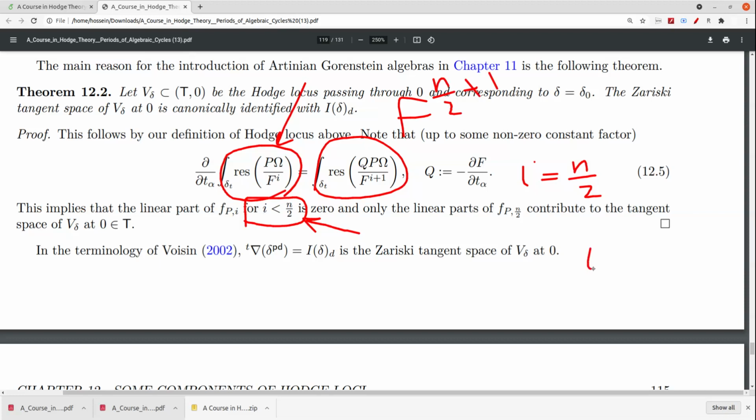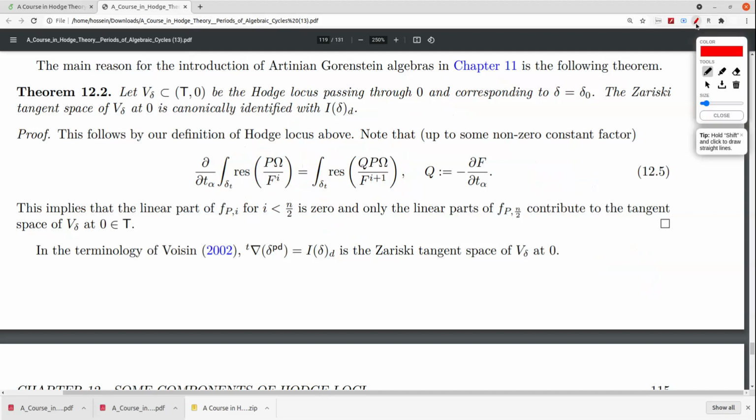And just in the case of i equal to n/2, we get an integral which might not be closed. And so the linear part of the corresponding defining equation of the Hodge locus will be this one.